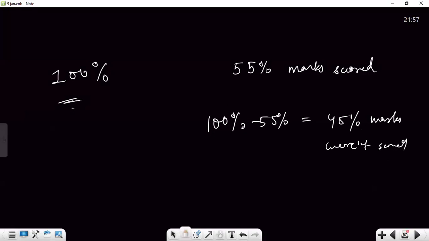In case of marks there was 100%; in case of probability it is 1. So this is the event happening probability, and the event not happening probability is 1 minus P of E.